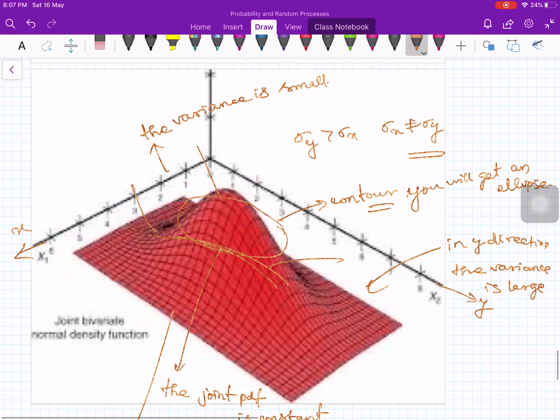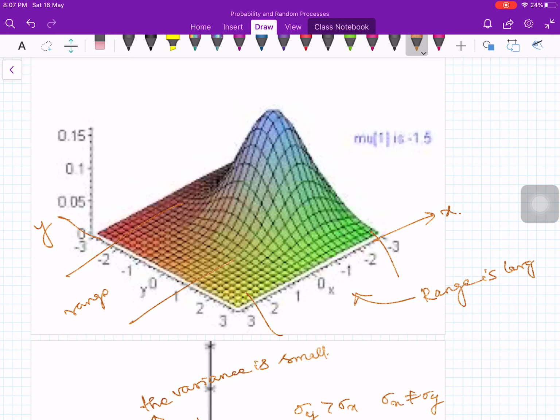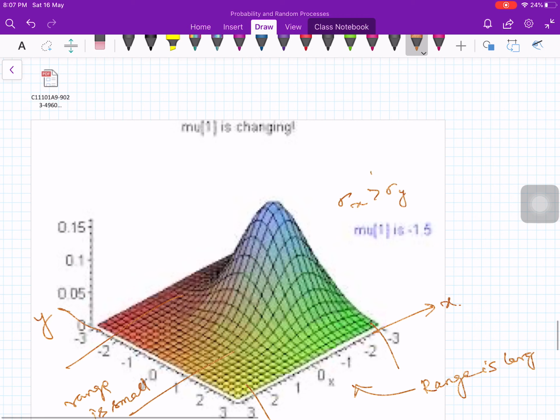In the x axis the range is large, and the y axis range is small. Therefore here sigma x is greater than sigma y, but in the other figure it is opposite, sigma y is greater than sigma x. Therefore you will get an ellipse like this when you take the contour.